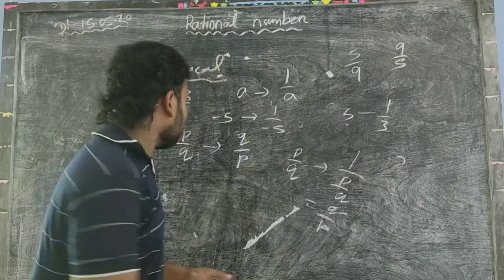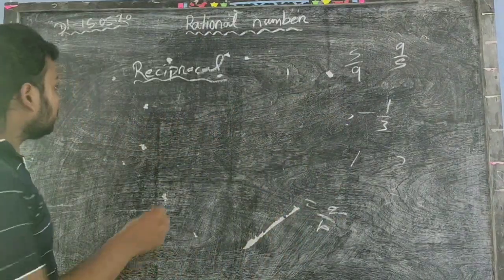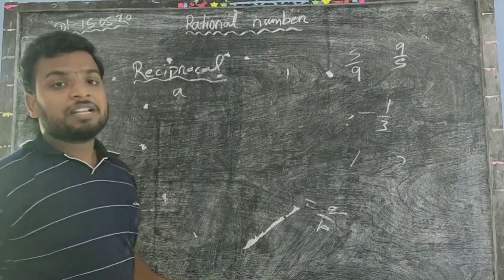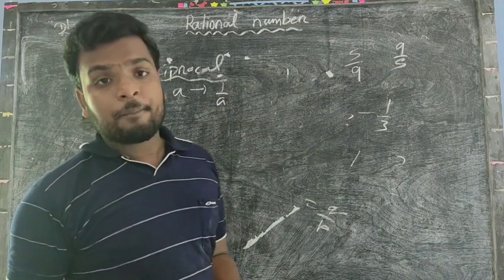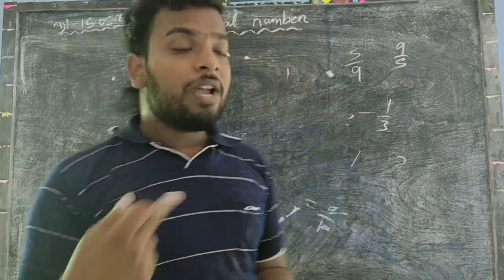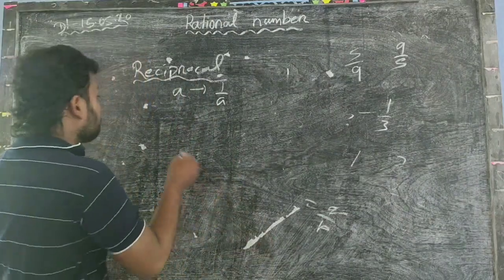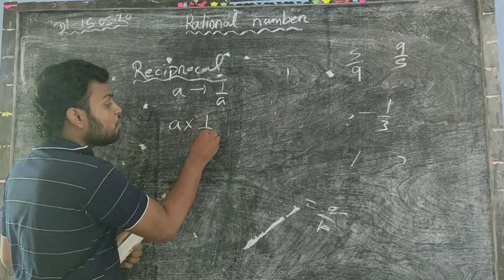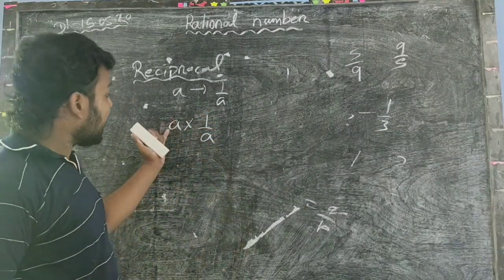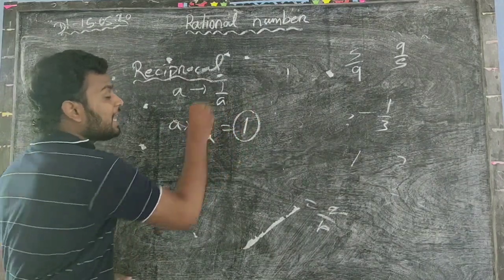So to conclude, if a number is a, its reciprocal is 1 by a. When we multiply a number by its multiplicative inverse or reciprocal, what do we find? The number is a and its reciprocal is 1 by a. When we multiply them, they cancel and we get 1 as a result.